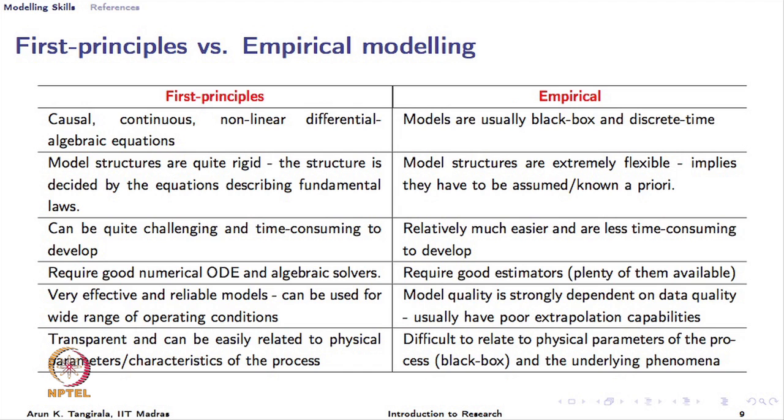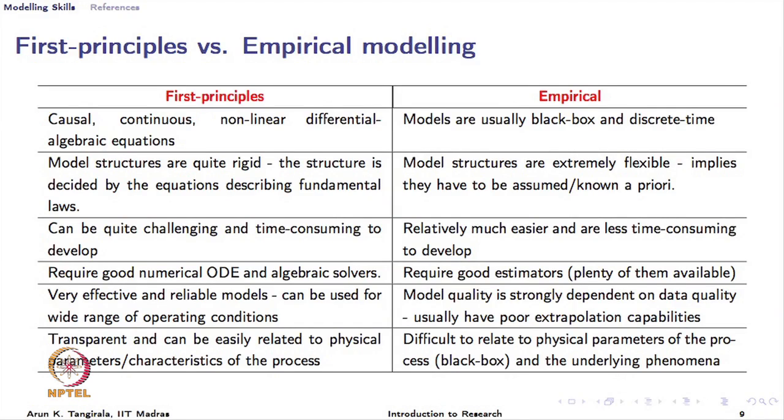The other aspect that is not reflected here is, when a process is random, that is stochastic, we have discussed this part in the last lecture. In such situations, first principles models hardly come to your rescue. There is no choice but to build models from data, which we call time series models.